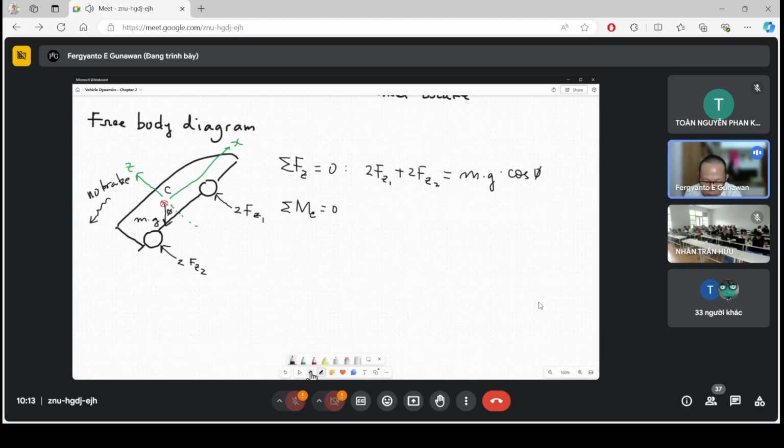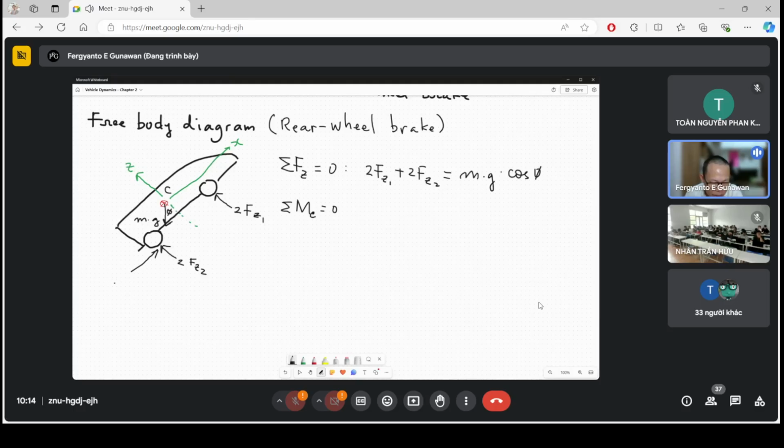We will start with a very simple brake, the rear wheel brake. If we have the rear wheel brake, then the car can be held at this place, and this is the force.